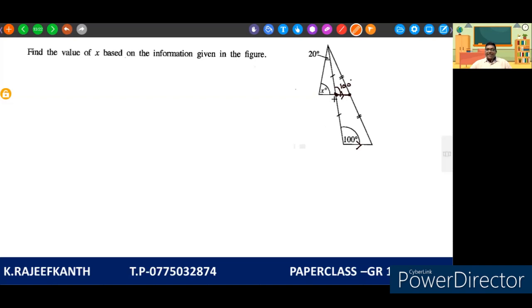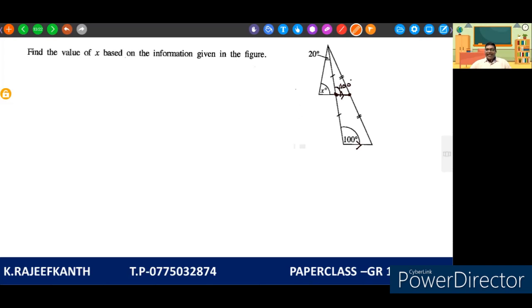Here, these 2 points are midpoints of these two sides. Here I join these 2 points. Then this line will be parallel to the third side of the triangle. So we can mark these two angles are equal because those two are corresponding angles. Here, see this triangle. This 100 degrees is an exterior angle of this triangle.